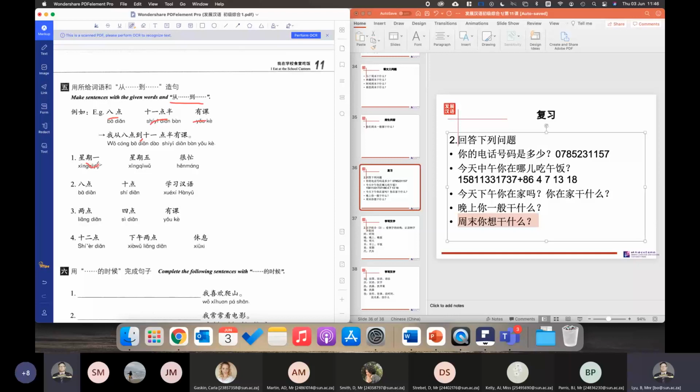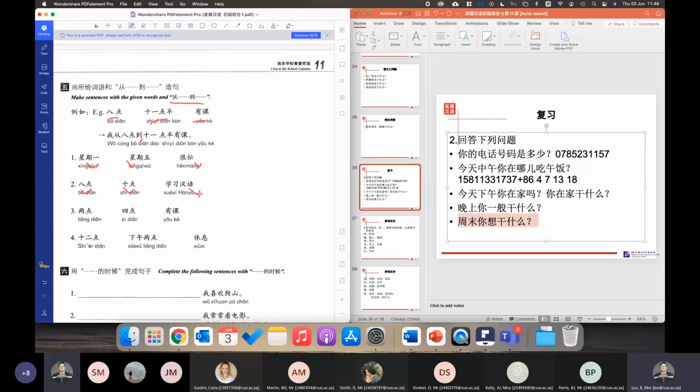Number 1, 星期一, 星期五. So we know this is about a time period. Always busy. How can we form a sentence with 从 and 到? 我从星期一到星期五都很忙。Very good.